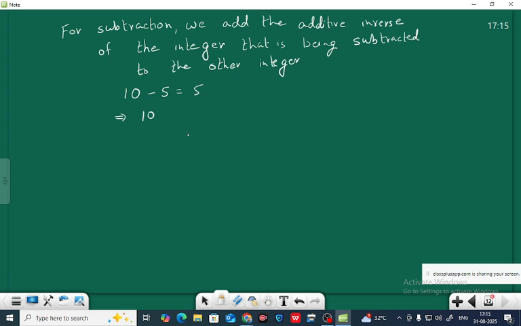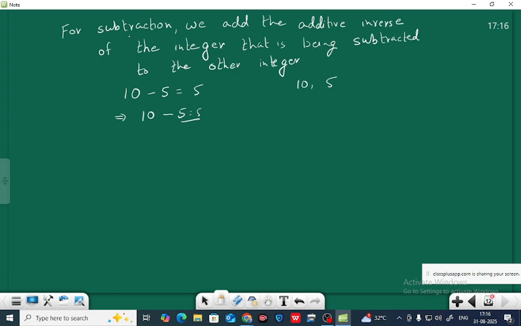Or you can write in this way, suppose I want to subtract 5 from 10, right? That means you have to write 10 minus 5, that is equal to 5.